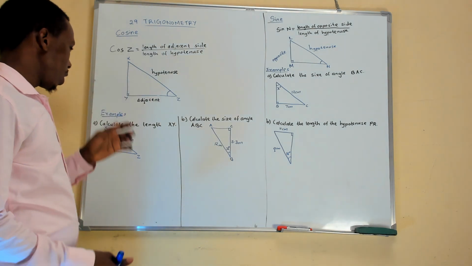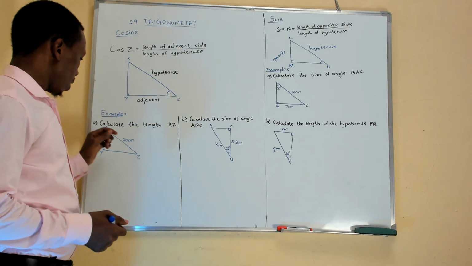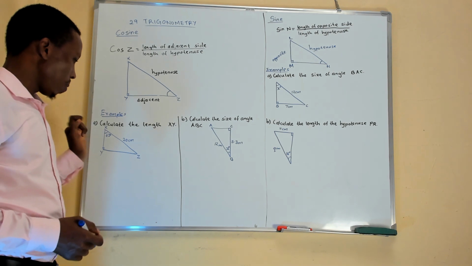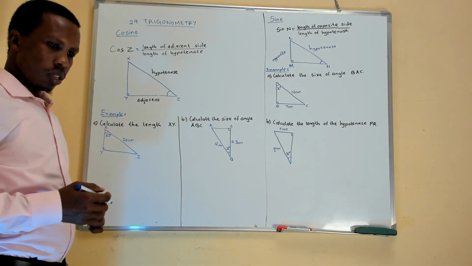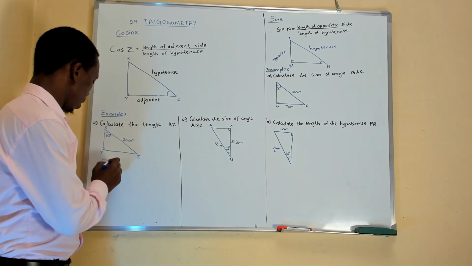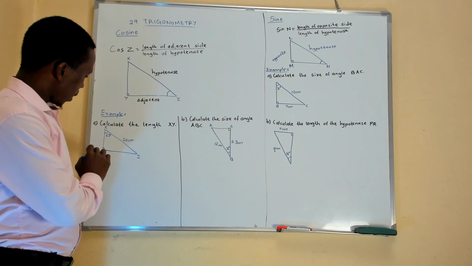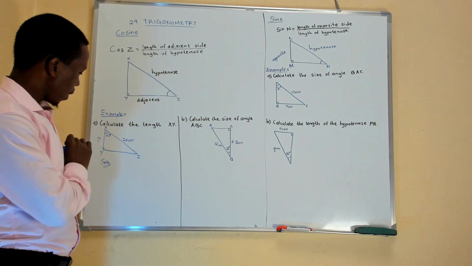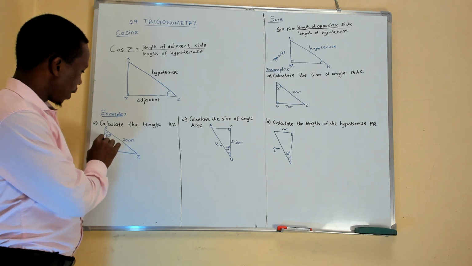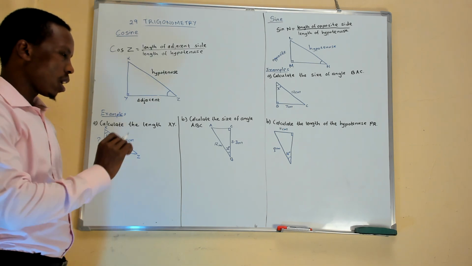For example, if you are asked to calculate the length of XY, like in this figure. So for you to do that, in this figure, we have the hypotenuse, and then we have the angle, then we are being asked about the adjacent.